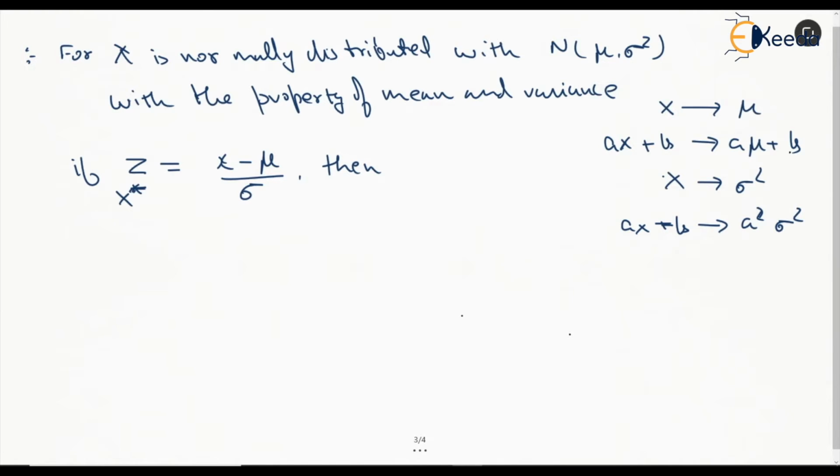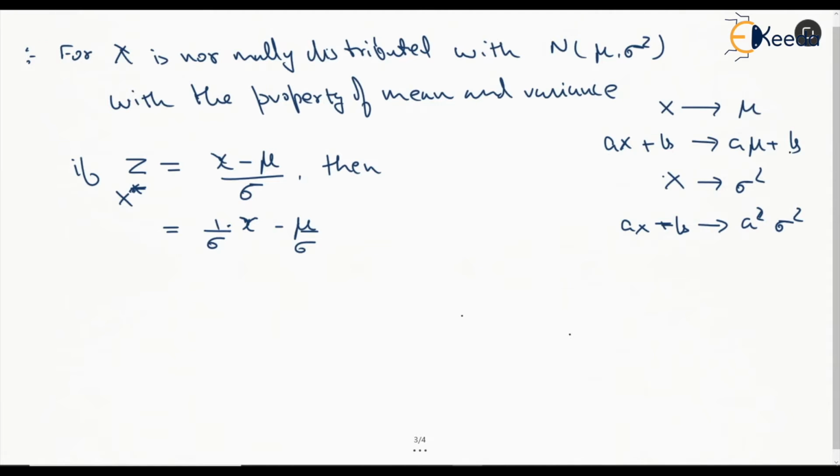So let's say this is the new variable x star, which is given as z. If you compare this transformation with the expression ax plus b, you can see that this is nothing but 1 by sigma into x minus mu by sigma, right? So this is ax plus b, which means a is 1 by sigma and b is minus mu by sigma.